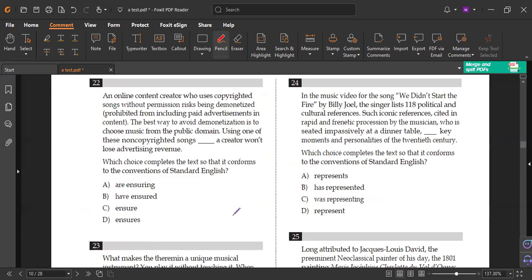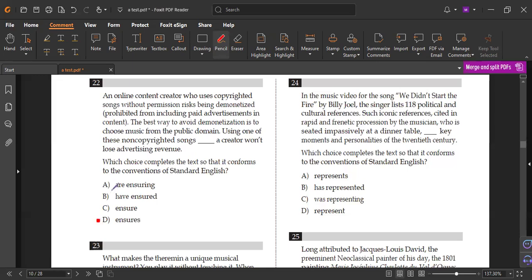Okay. Ensures. So letter D. I think it's D.